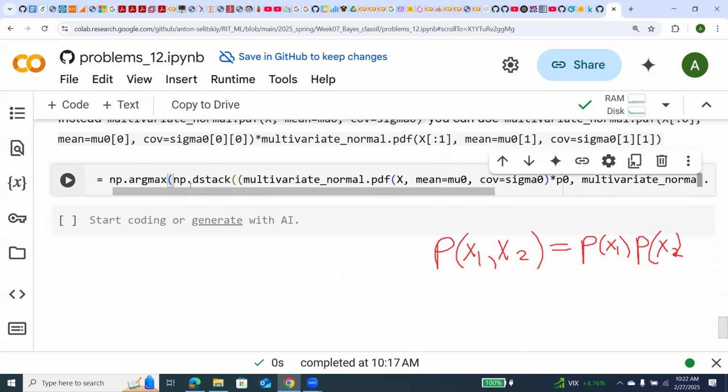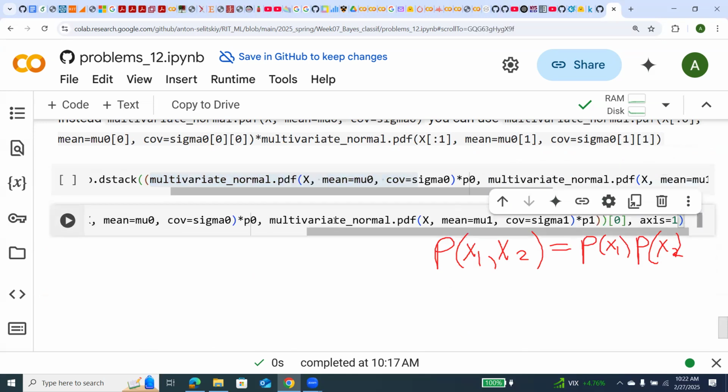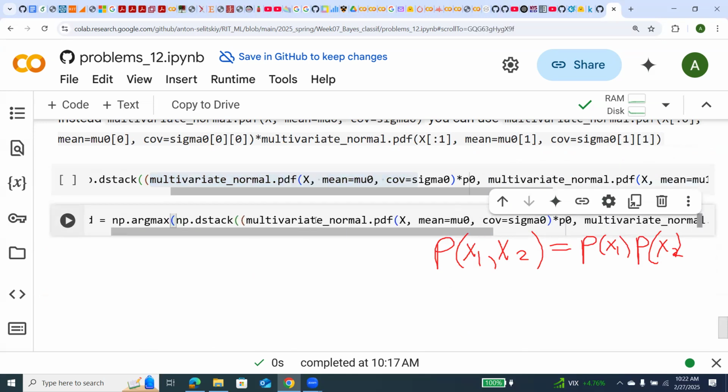Instead of this multivariate normal, I will use multivariate normal of x, but I will take only the first coordinate.